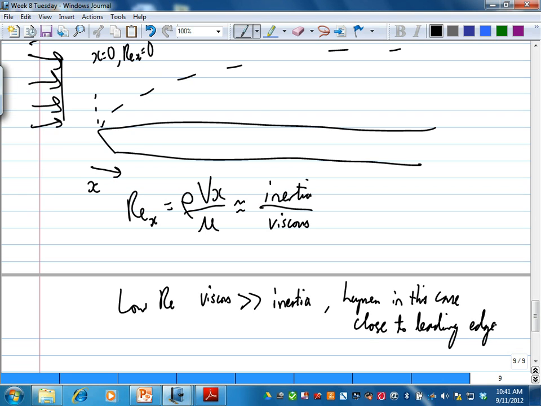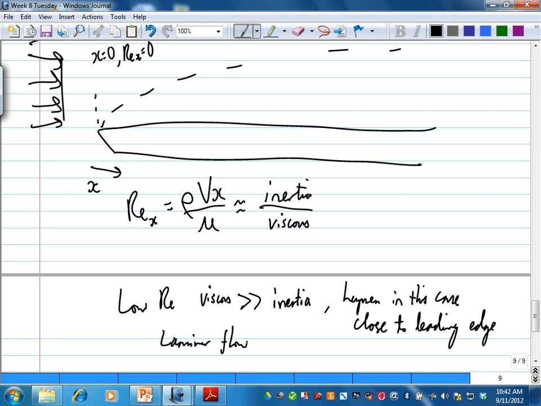So for small Re, your viscous dominates over inertia, and that's why you get a small number. And when viscous dominates, you get laminar flow.